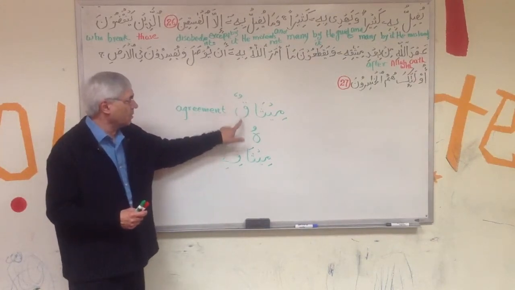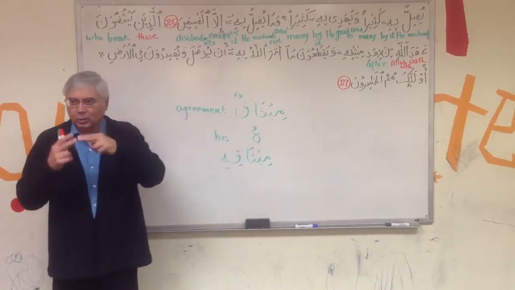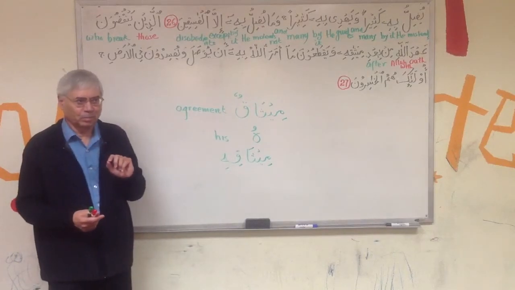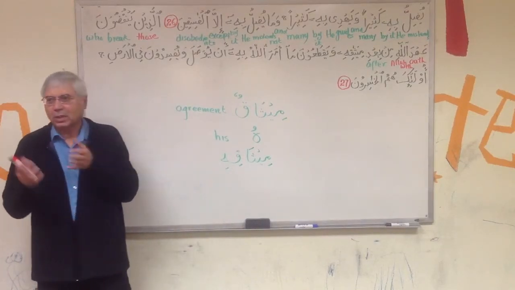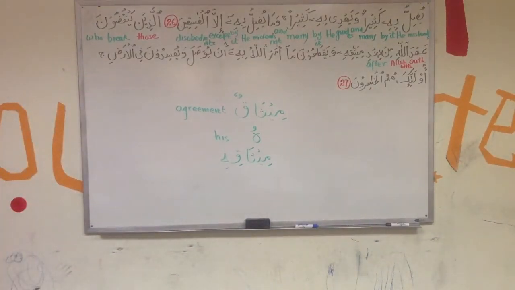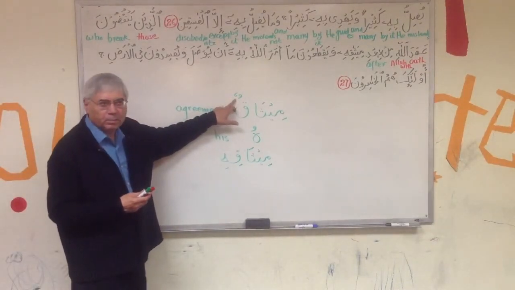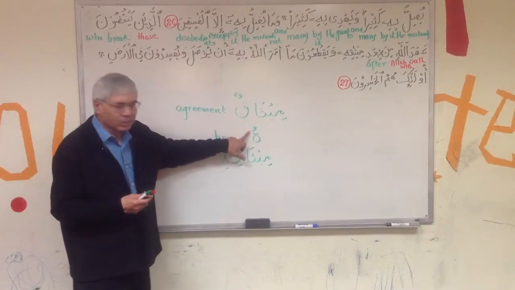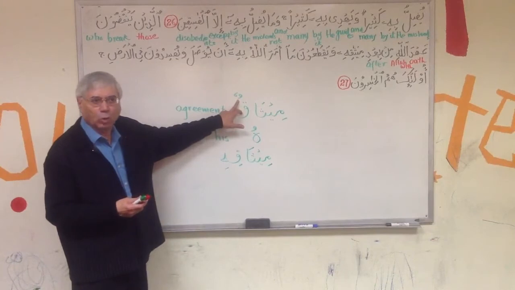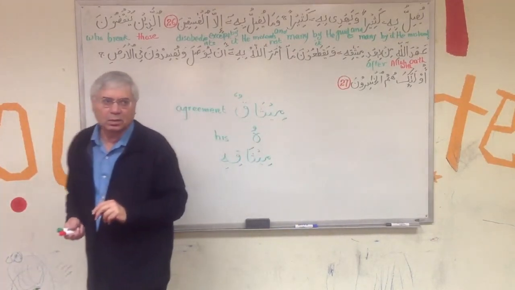When you combine this noun with this pronoun, it becomes misaqohu, like Abdullahi, or ahadullahi. When you combine, you lose one dhamma and this becomes a kasra. But min is still going to affect this word, as a harf-e-jar.